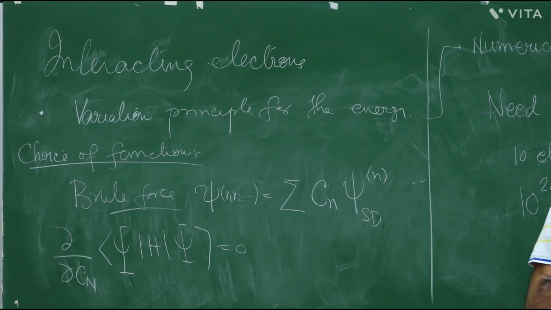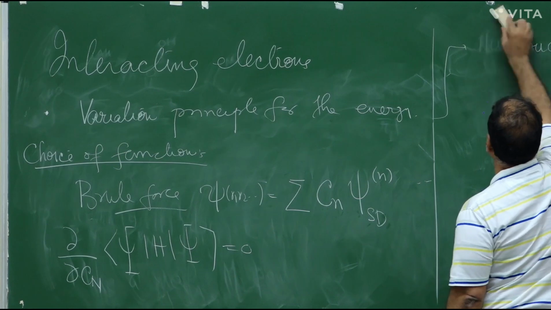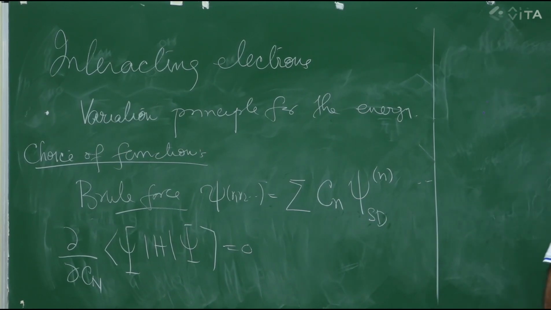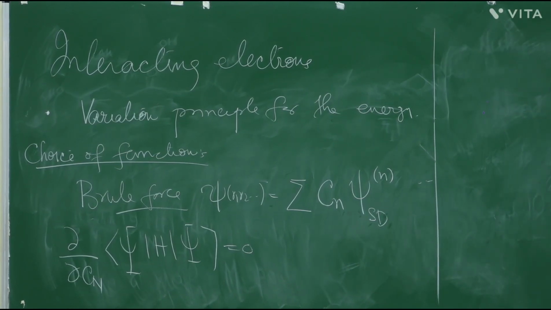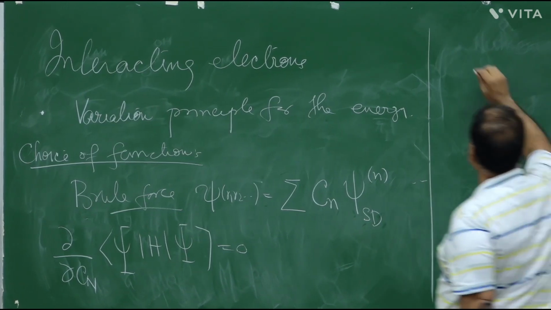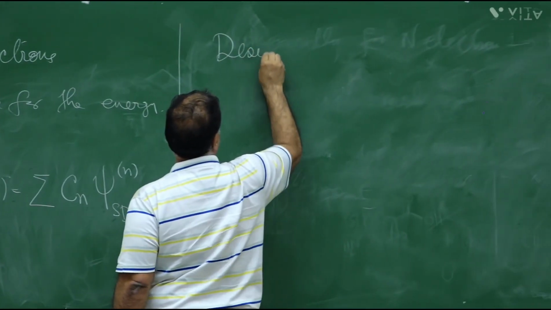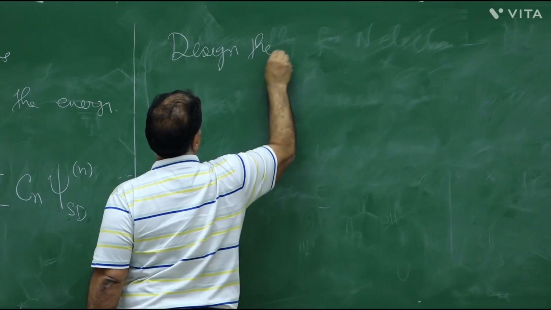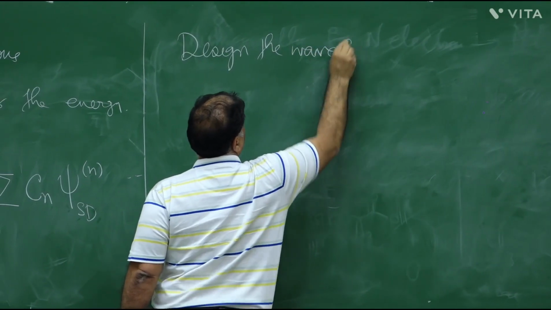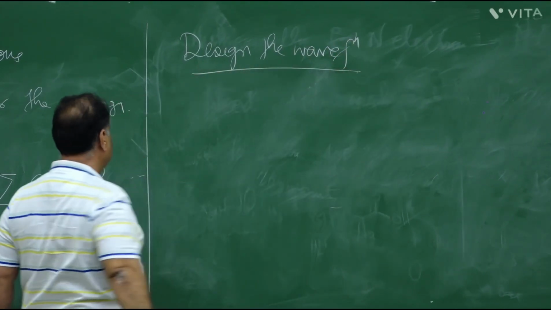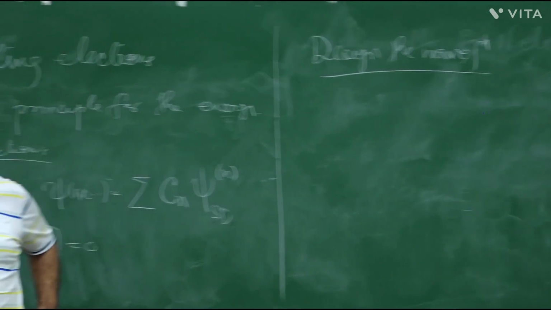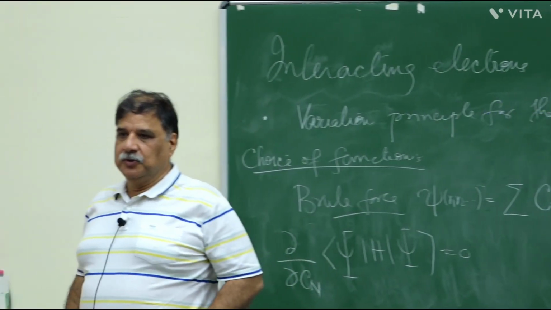The other thing is, now we start thinking and work according to the problem. And that would be that I design a wave function. See here, you've just given all the freedom to the computer. Then you do this, you do this, you do this.